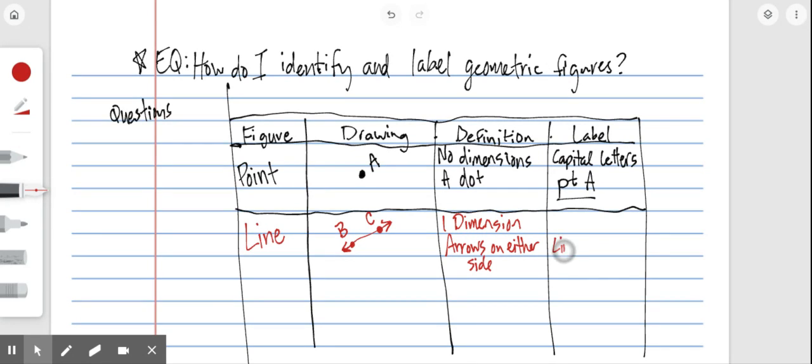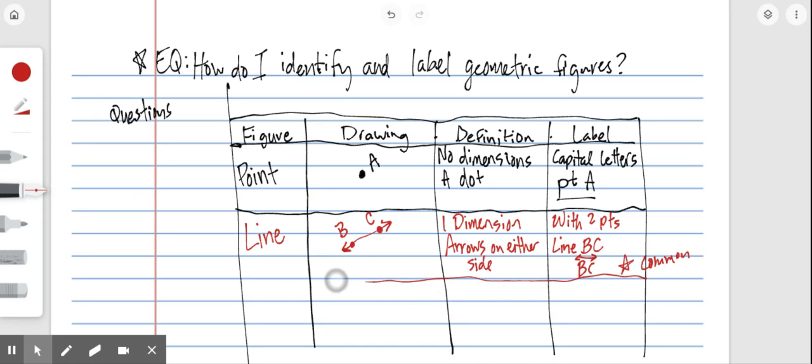You'd write line BC, or BC with a line on top of it with arrows. Okay. So those are two different ways to write line BC. You will see this way to label it much more often. This is very common. Okay, so you label a line with 2 points, and then you draw the line on top of it. Okay.